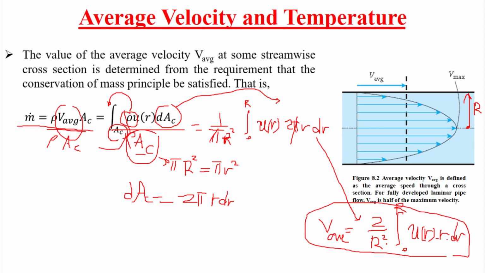So for any point on the pipe, whether we are in the fully developed region or at the entrance of the pipe, this is the general equation for any scenario. But if we are in the fully developed laminar region, then V average is half the maximum velocity. This is a rule: V average equals V max divided by 2.